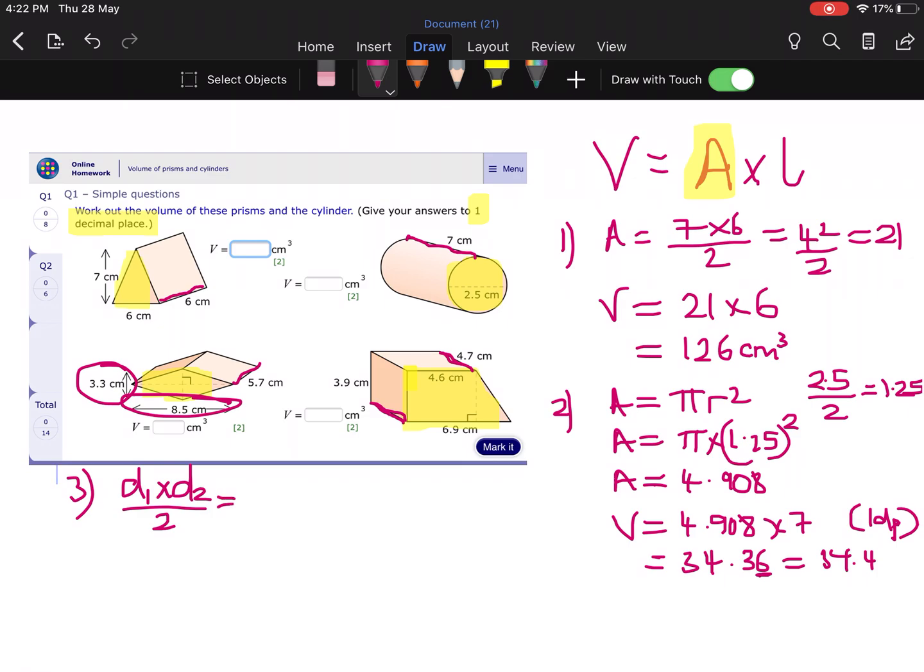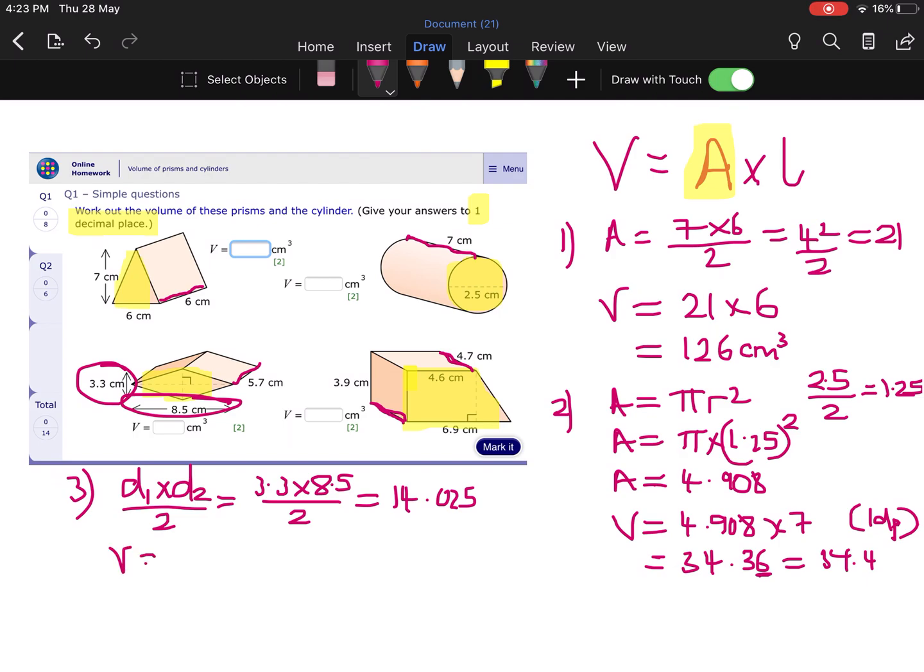So it's going to be 3.3 times 8.5 divided by 2. And that gives us 14.025, and that's the area of the front face, the yellow bit.